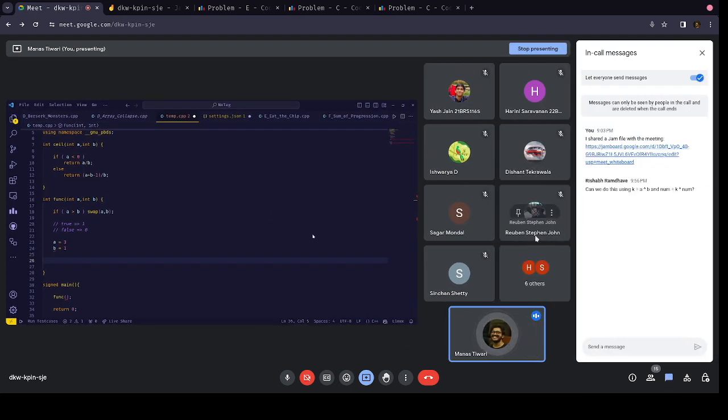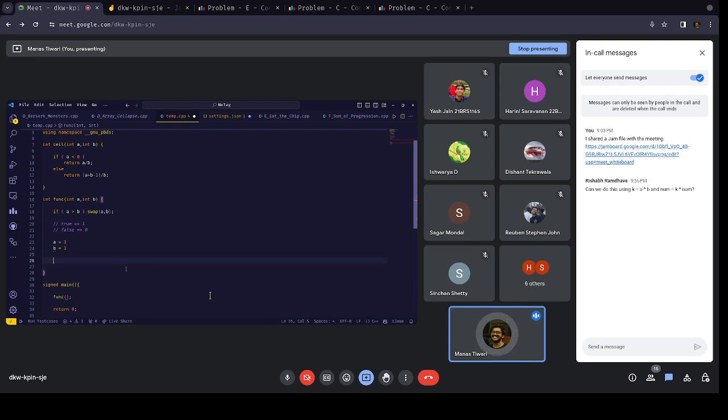k equals a XOR b, then num equals k XOR num. k will be 2. Wait, let me see. If num is 3 initially, num equals 3 XOR 2, which gives 1. Yeah, I think you can do that, sorry.